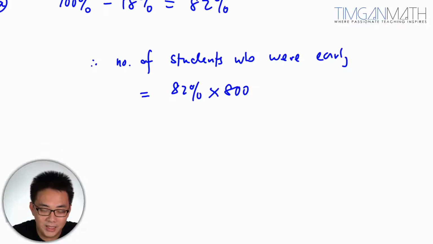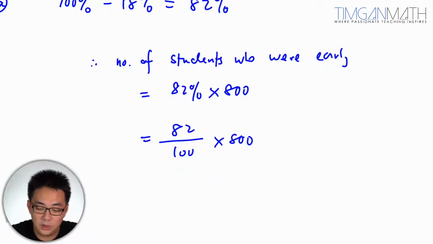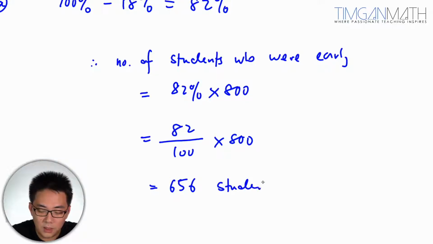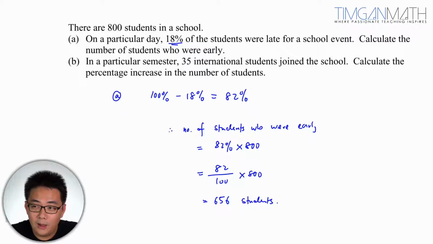So 82 changed to a decimal is 82 divided by 100, times 800, which is actually 656 students. I think this is pretty okay. Not really an issue there.